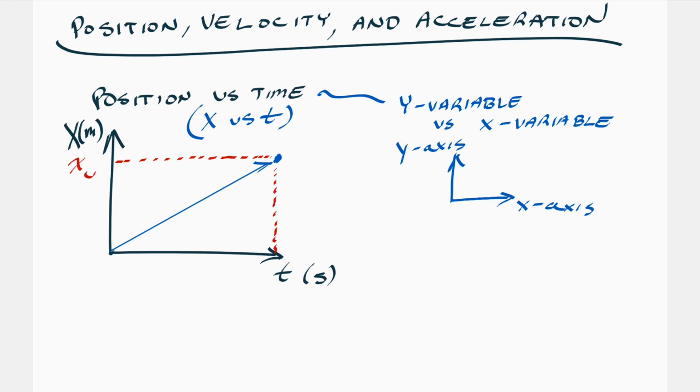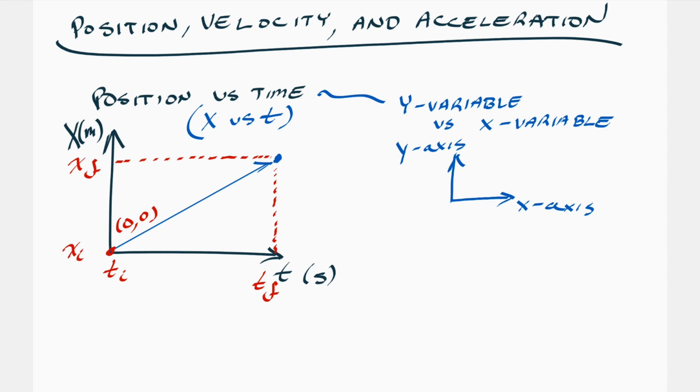I'm going to call this x final, and I'm going to call this t final. And then this one right here, I'll say x initial and t initial, and that's just at 0, 0, if you want to write it as an ordered pair.